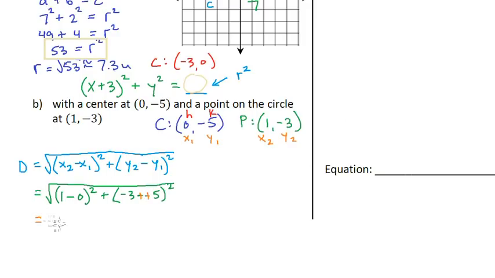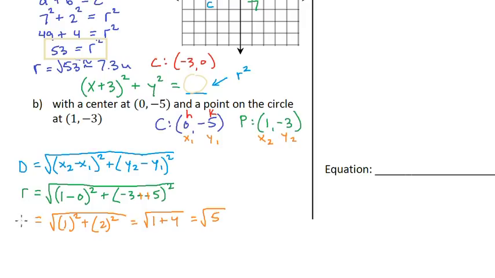So let's do the next line. We've got the square root of 1 squared plus (negative 3 plus 5, which is positive 2) squared. That's equal to the square root of 1 squared is 1, 2 squared is 4. So we've got the square root of 5. And let's go ahead and leave that the way it is. Now I'm going to change something here to let you guys see that the distance is now going to be our radius.